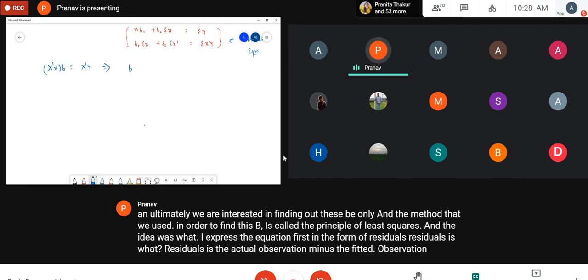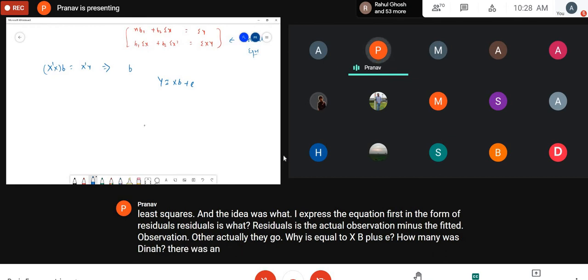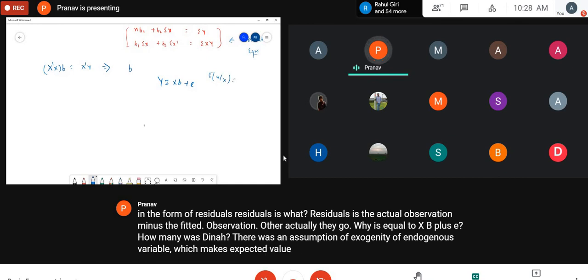If you look at y is equal to Xb plus e, what did we see the other day? There was an assumption of exogeneity of the explanatory variables, which makes the expected value of u conditional on X equal to 0.